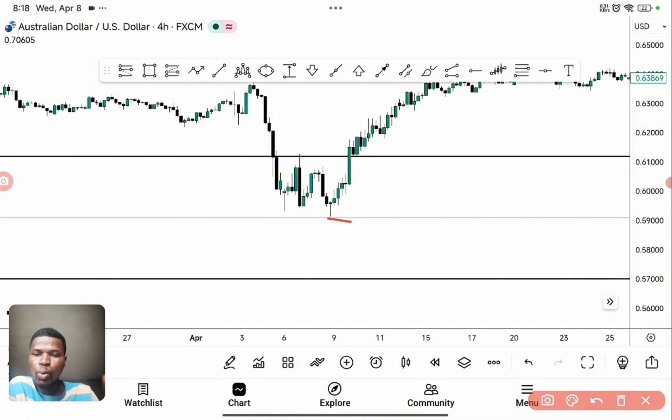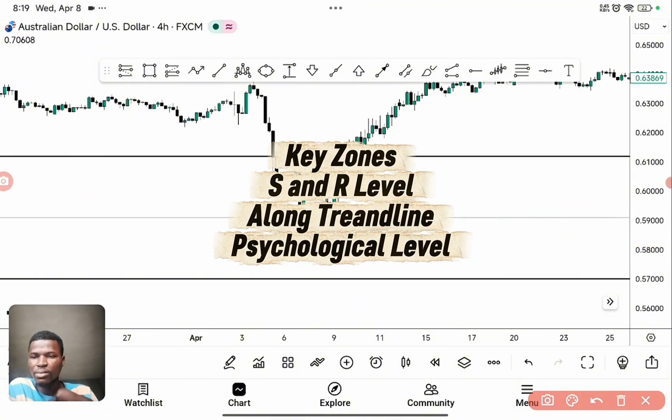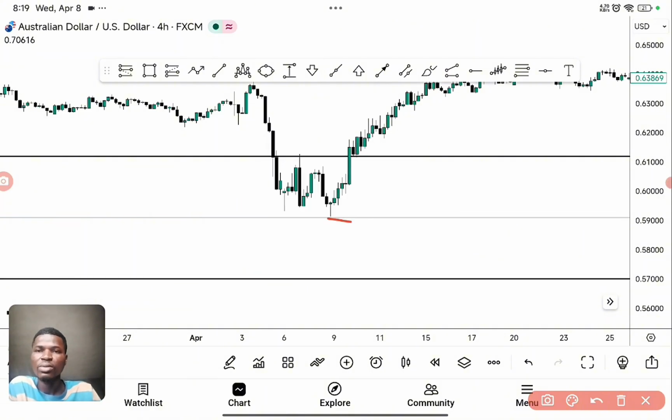Bullish and bearish reversal candles are more effective at key zones: support and resistance levels, psychological levels, along with trend lines. If you spot one out of nowhere, in the middle of the chart, it may not be effective.